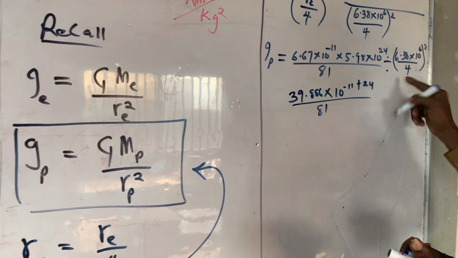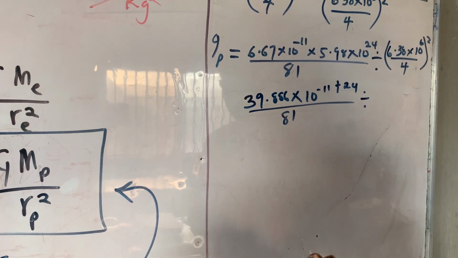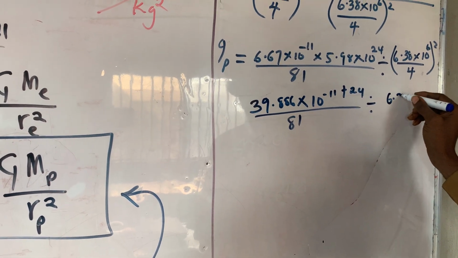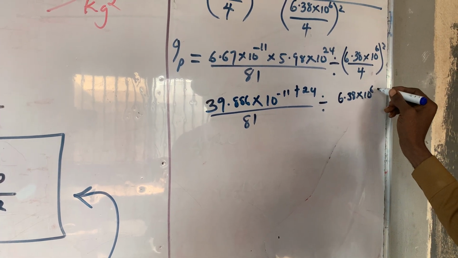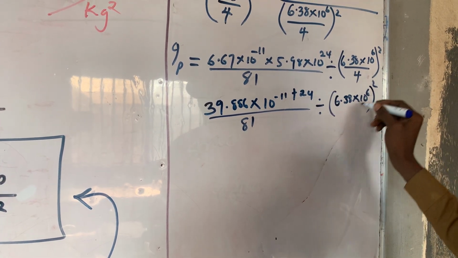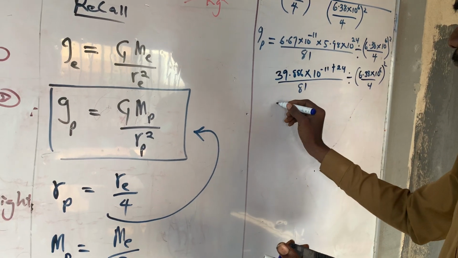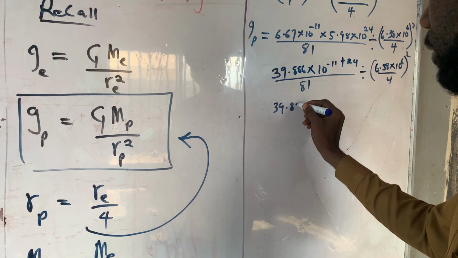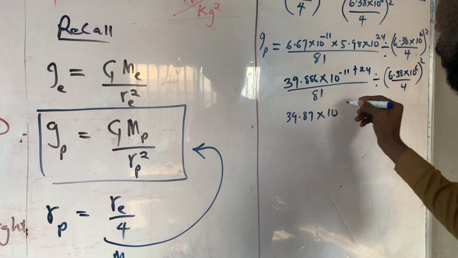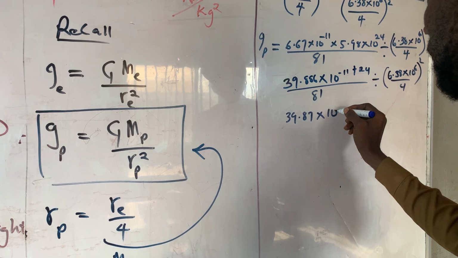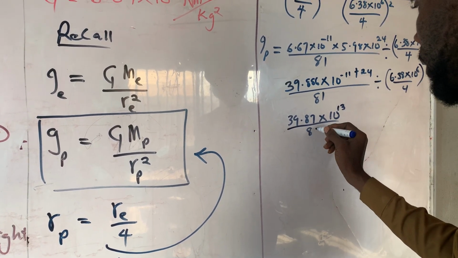At this point, we still have divided by 6.38 times 10 raised to the power of 6 all squared divided by 4. So here we have 39.87 times 10 raised to the power of minus 11 plus 24, which is going to give us 10 raised to the power of 13, divided by 81.